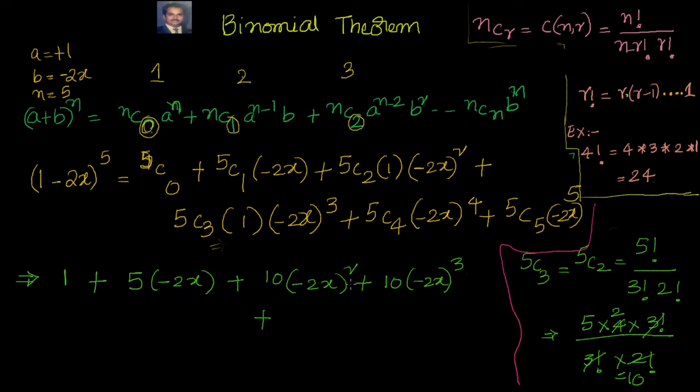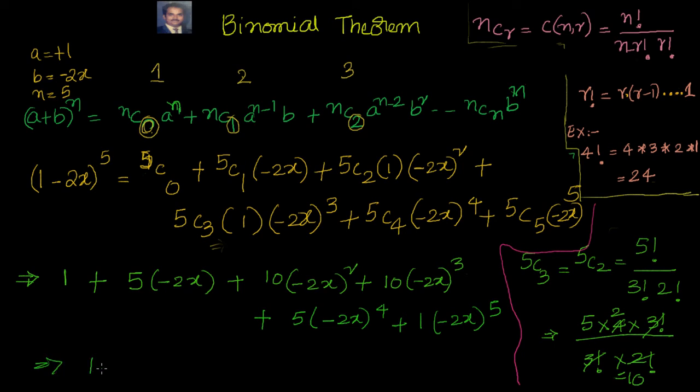Plus 5C4 is 5C1, that's nothing but equal to 5 into minus 2x whole to the power of 4 plus 5C5 is 1, because we know always Pascal triangle begins with 1 and ends with 1, and this is minus 2x whole to the power of 5.